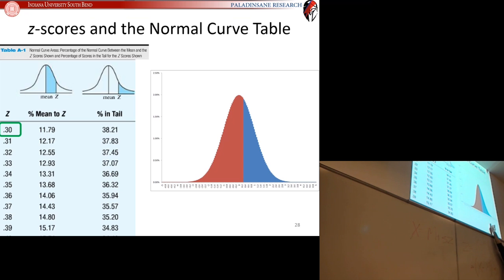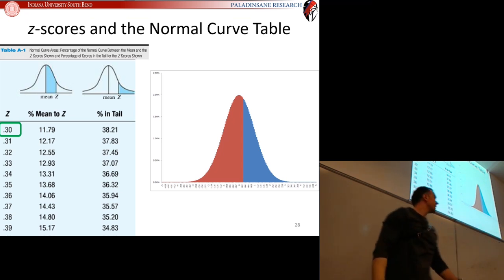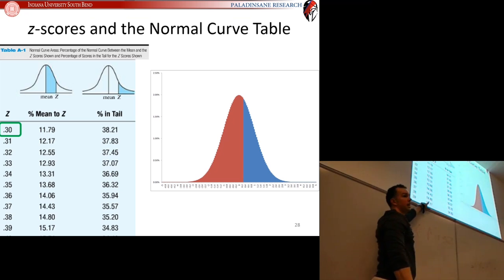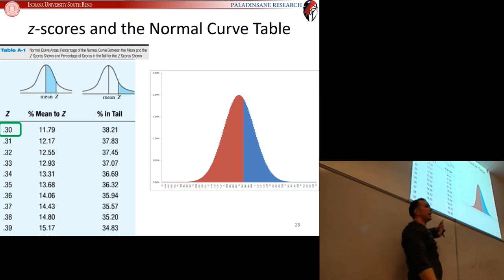Well, once we figure out the proportion that we want, all we need to do is find it in our table. So we found our z-score. Our z-score is right there, the 0.3. And then we need to make a decision, which column do we get our number from? And you make that decision by matching the area that you want up to one of these columns. So the area that we want is not from the mean to our z-score, it's not from the center to the z-score.